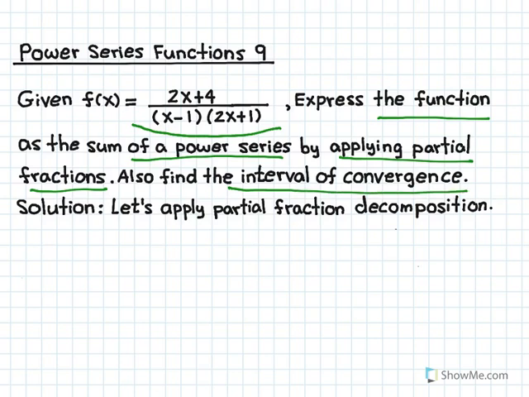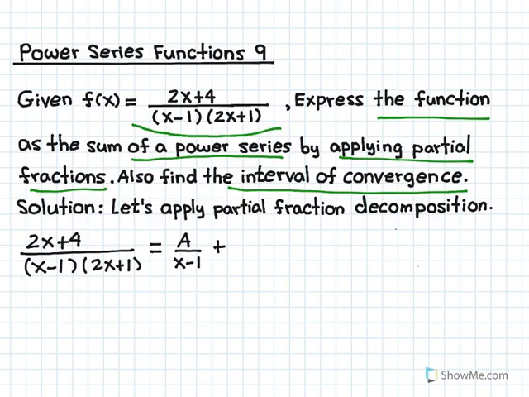Let's start by writing this fraction as a sum of two different fractions. So we have (2x + 4) divided by (x - 1)(2x + 1). In the denominator, we have a product of two linear factors, so we write this as A divided by (x - 1) plus B divided by (2x + 1).